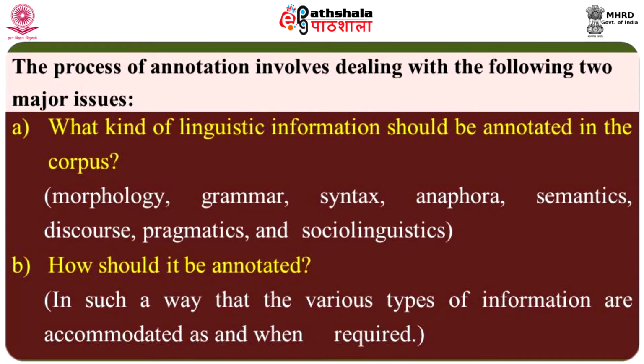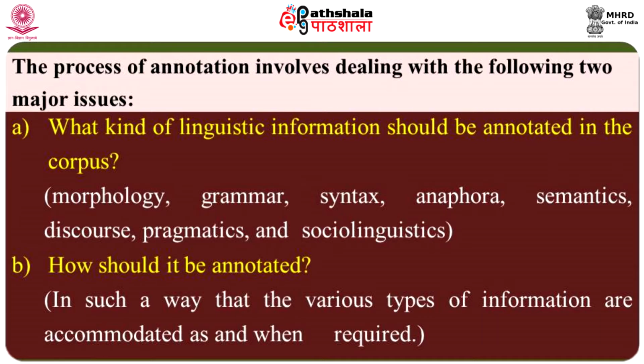The process of annotation involves dealing with the following two major issues. A, the kind of linguistic information that has to be annotated in the text, that is, the various levels of linguistic analysis such as morphology, syntax, semantics, sociolinguistics, etc. The second major issue is the method, the way in which the text has to be annotated.